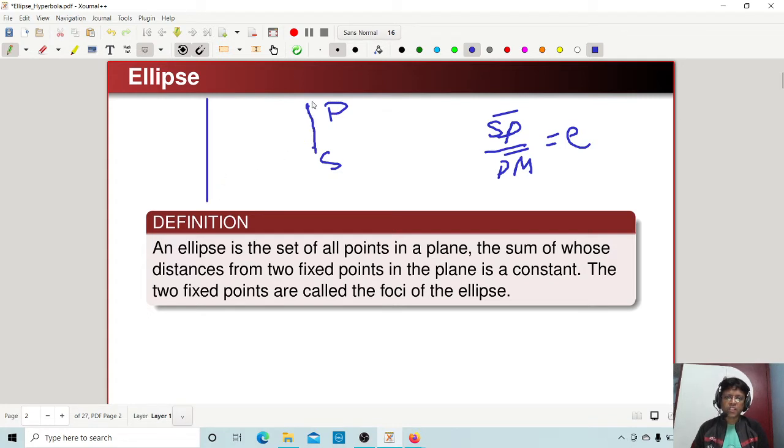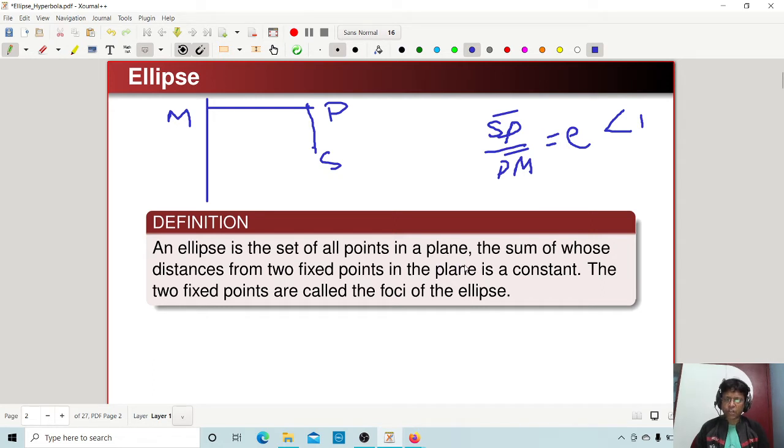So you have SP, and this is the perpendicular distance PM. SP by PM equal to E, eccentricity, and the locus of P is called the ellipse, and E must be less than 1 for ellipse, okay, and E equal to 1 for parabola and more than 1 for hyperbola. That's the criteria.